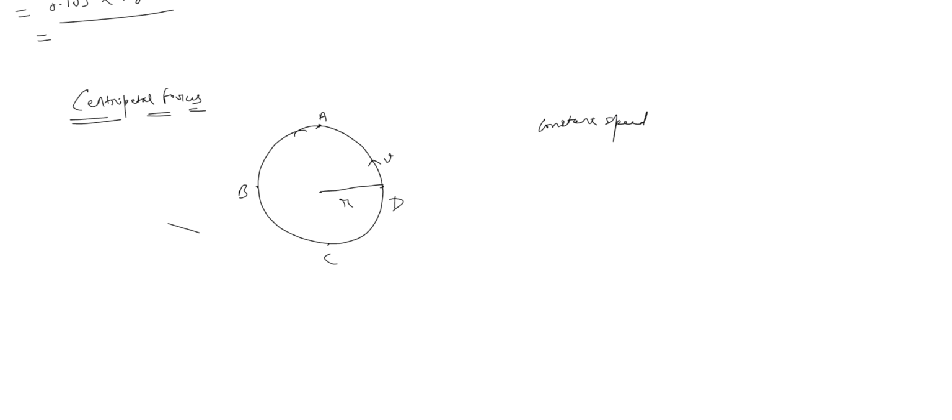So if I draw a tangent at this point, this will be the direction of motion at A. At B, this will be the direction of motion. At C, this will be the direction of motion. At D, this will be the direction of motion. And we know that the direction of motion and the direction of velocity are always the same. So here we can see that any object or particle moving with constant speed has its direction continuously changing.